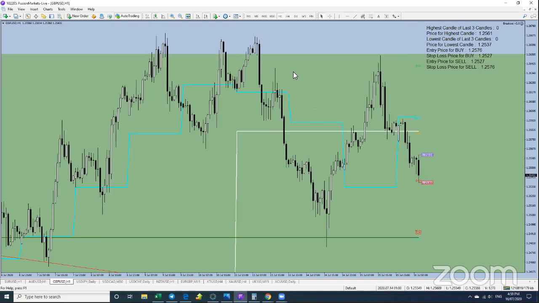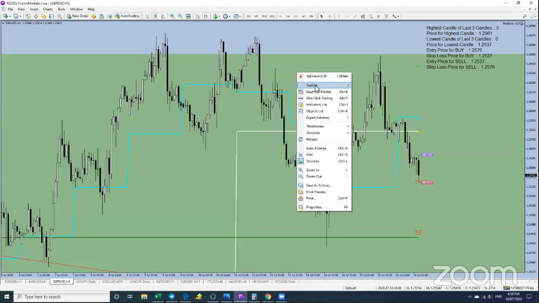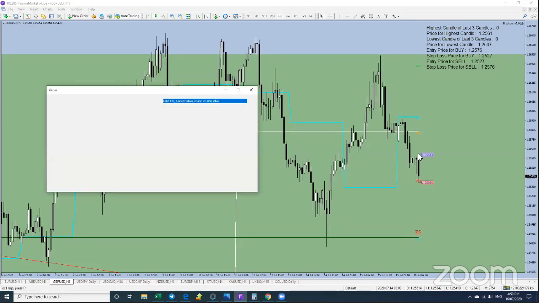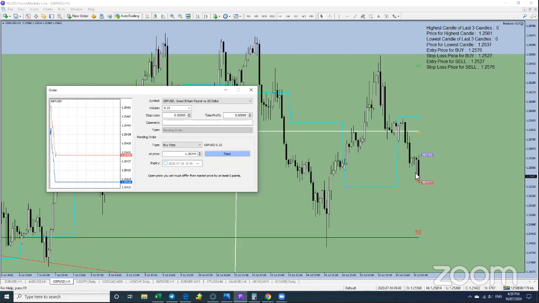So I guess in particular for Hen, what we're doing here is, as I said before, trading a breakout of the previous, or the bars, 3 previous bars to London Open, which is in a minute's time. So we've got the parameters that we need. It is a buy stop. And this is a beta test, by the way. So if you're trading this, it needs to be at micro lots, absolutely micro lots, because it is totally unproven.